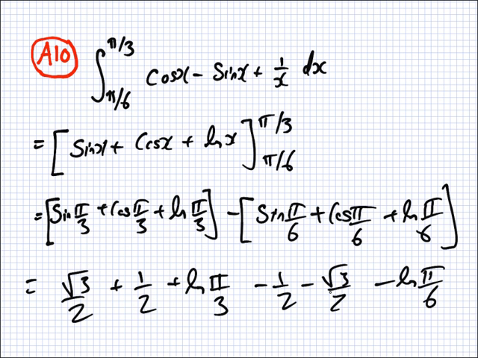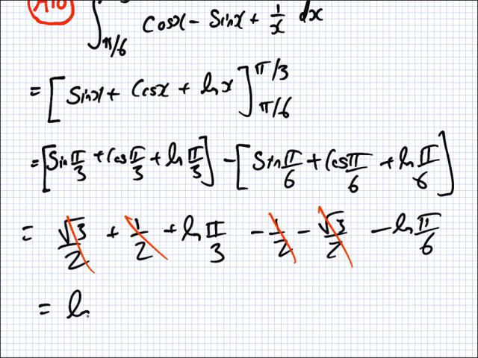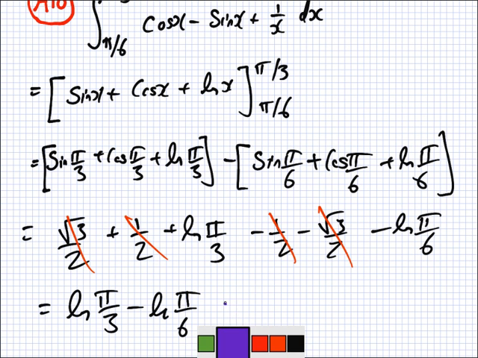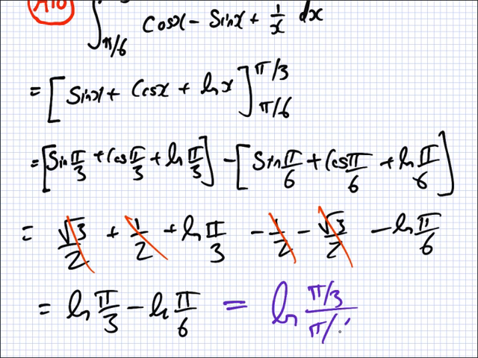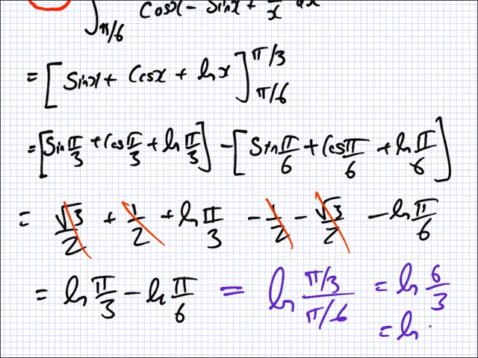Now, I think a lot of you actually realize that these 4 cancel. Shockingly, though, a lot of you left the answer like this. But you could have continued. Log pi over 3 over pi over 6 equals log 6 over 3, which is log 2.